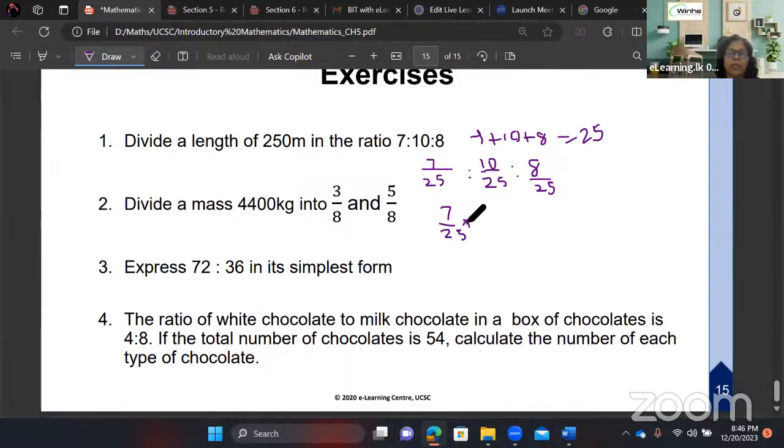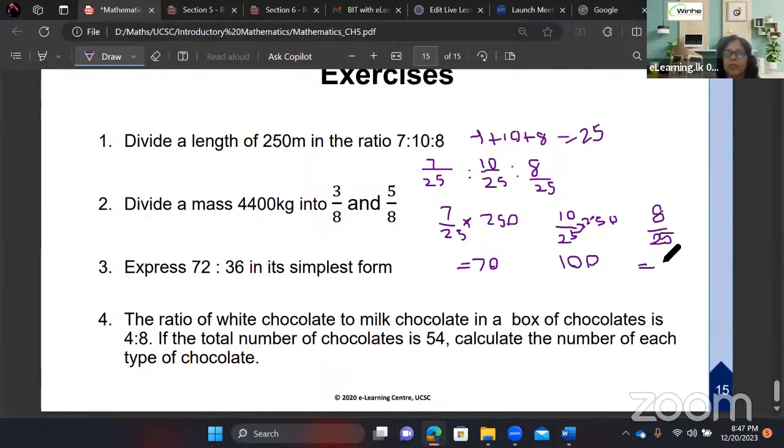7 out of 25 of 250 meters is equal to 70. 10 out of 25 is equivalent to 100. 8 out of 25 is equivalent to 80.